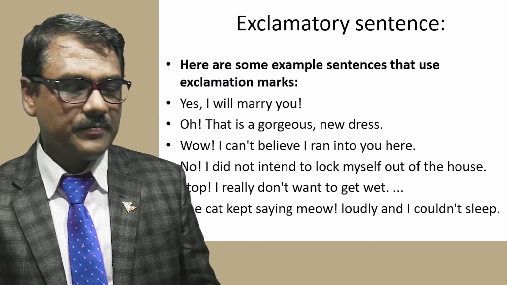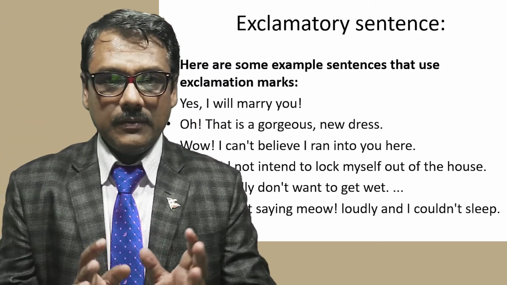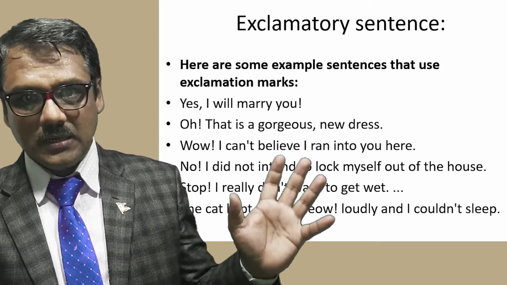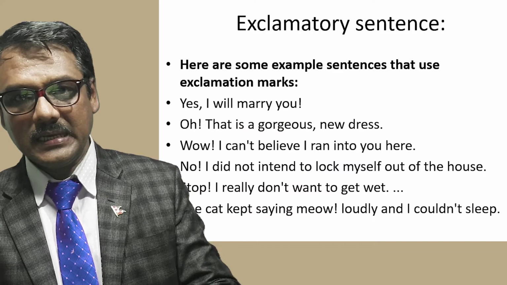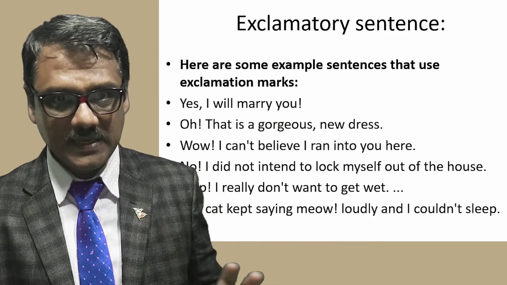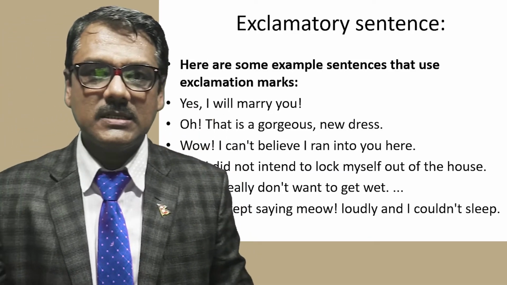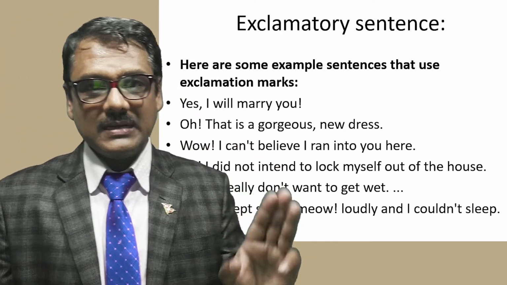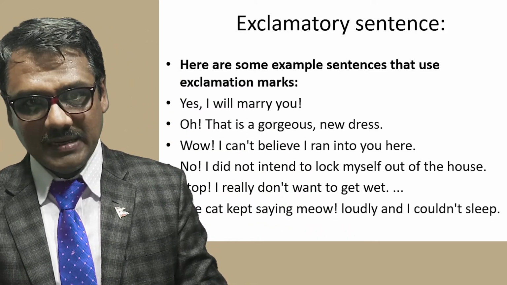Dear students, now let's sum up what we did. First of all, we read about the introduction of sentence. It is a group of words that has complete meaning. Then we read about the classification of sentences. There are three types of sentences that are simple sentence, compound sentence, and complex sentence, right?